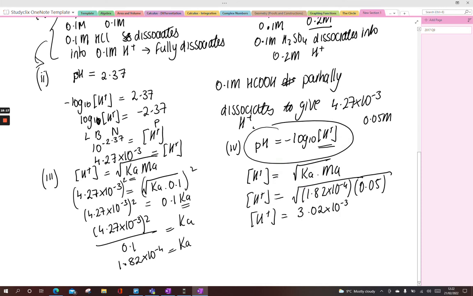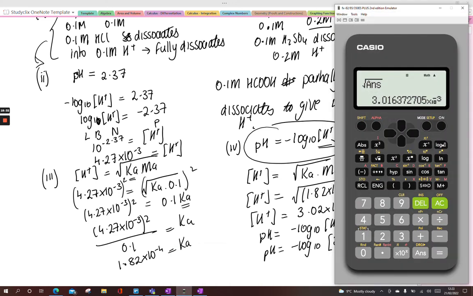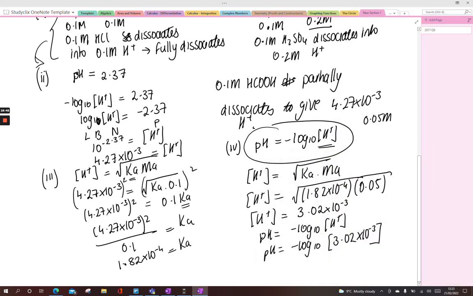It's my concentration of hydrogen ions, and then your pH is your minus log to the base 10 of your hydrogen ions. So minus log to the base 10 of 3.02 by 10 to the minus 3. Throw that in your calculator, press minus. You're going to have to delete both of those. Minus log answer, 2.52. Smashing. Looks sensational. 2.52 is my pH. And that's it. Real tough questions there.